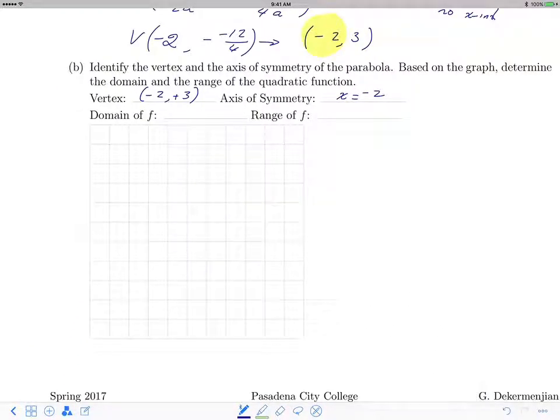Let's go here and draw our xy axis. So I'll put the x-axis here. Let's fix that. And then the y-axis here. Here we go. And then we'll label the vertex at negative 2 comma 3.